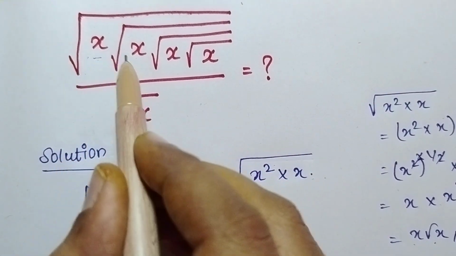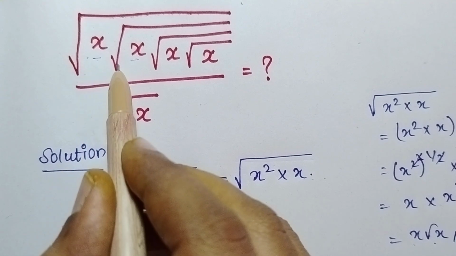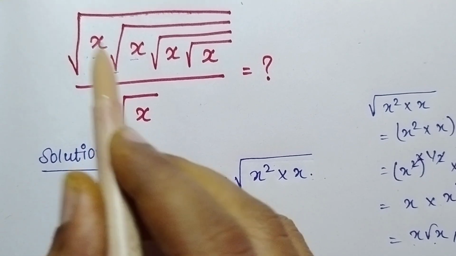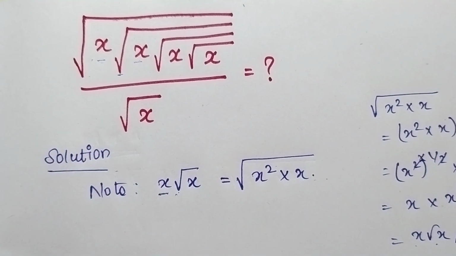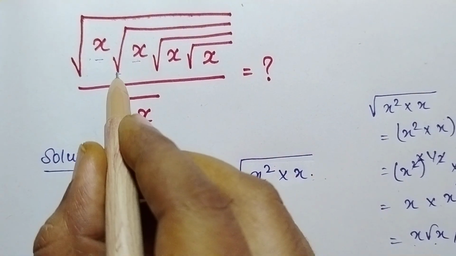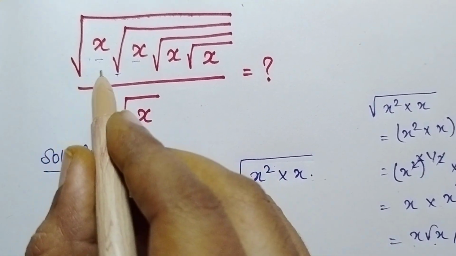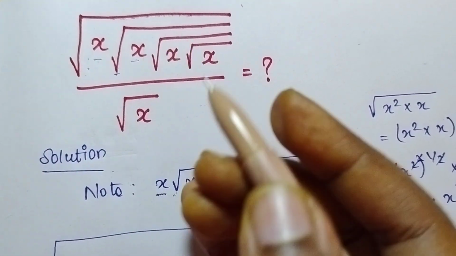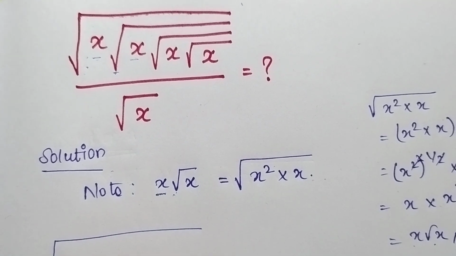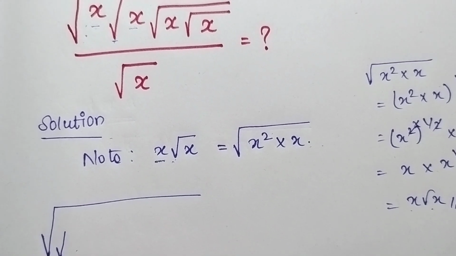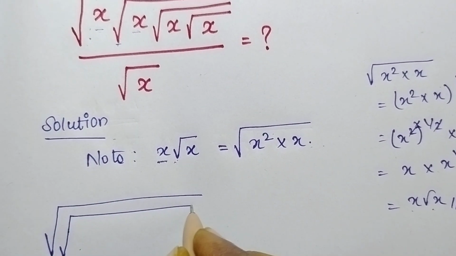First see here x root x. Just apply that here. I am going to shift this root commonly. Therefore this will come. Here is another root, so I am going to put that as another root.